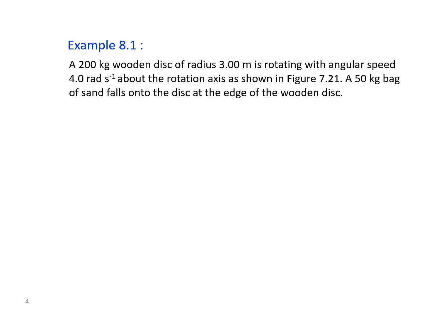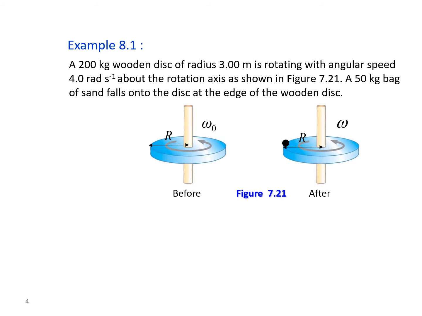Let us look into example 8.1. Over here you have a 200 kg wooden disc, radius given, rotating with an angular speed of 4 radian per second about the rotation axis as shown in figure 7.2.1. Then a 50 kg bag of sand falls onto the disc at the edge of the wooden disc.